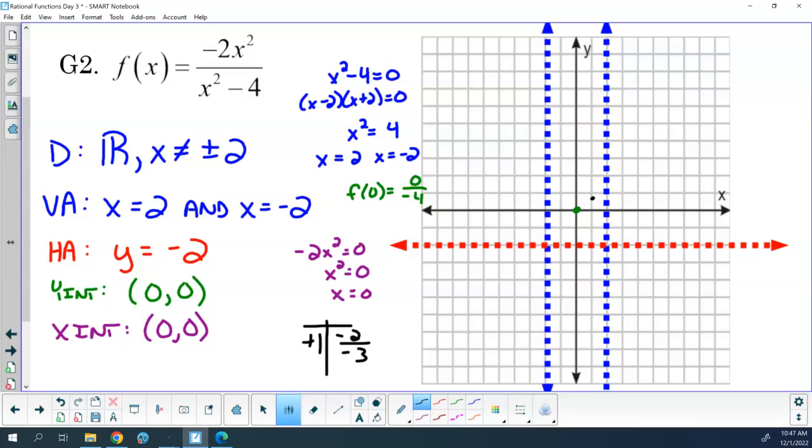That's going to be right there. And because it's going to be the same, it's going to bounce like this. If you didn't know that it was a bouncer, you could always plug in -1 in that middle zone.